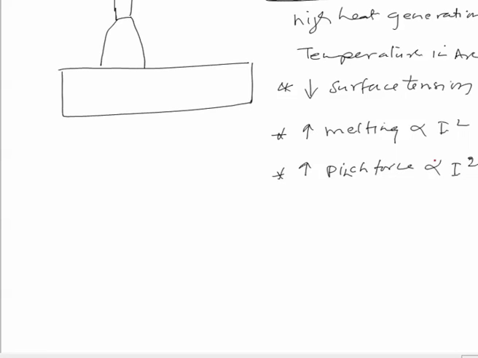Because of these three effects, the melting takes place very rapidly, the drop is formed very quickly at the tip of the electrode, and it is detached immediately as soon as it is developed, even when it is of small size, by the heavy pinch force which is acting. Further, this detachment is also facilitated by the low surface tension.